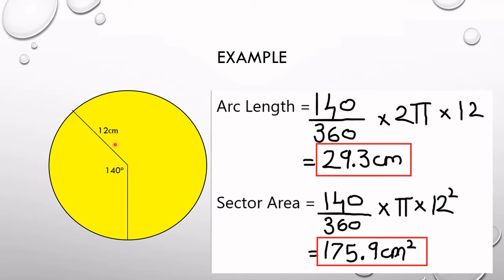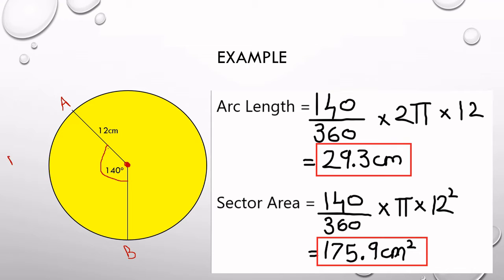We have 12 centimeter as the radius and 140°. This point over here is the center of the circle, and the angle we are talking about is over here, and the arc length we have to find is AB, and that is also minor AB.